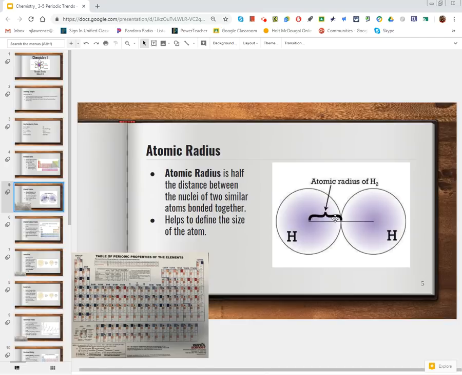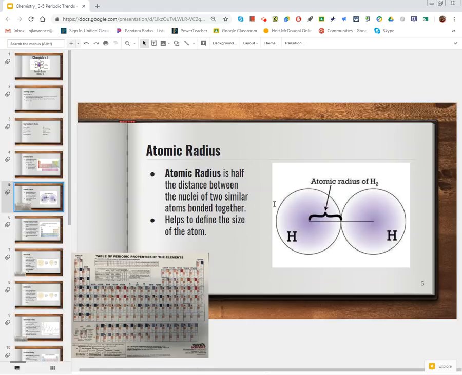Now, how did scientists come up with this? Well, how they defined this was they took a diatomic, and they turned all of our elements into diatomics. Once they made this molecule of two hydrogens bonded together, they measured the distance from the center of one nucleus to the center of another one, and then they simply cut that distance in half.